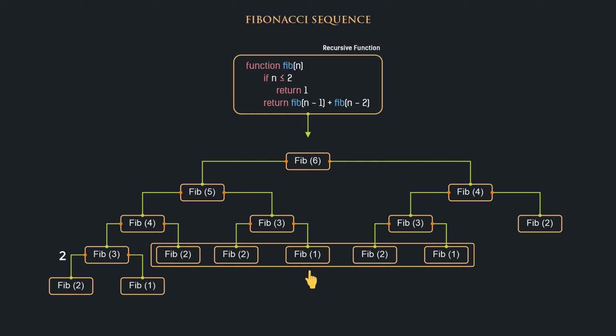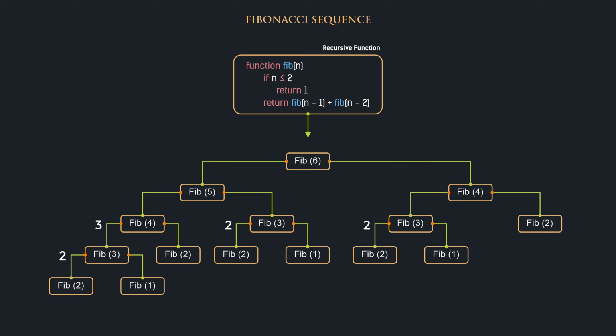All the other stacks here will return 1 as the result value since their fib targets were less than or equal to 2. With this, it means that on fib4, the result is 3 since we added 2 and 1 from the recursive calls here. For fib3 here, the result will be 2, and the same applies for fib3 here as both of their recursive calls returned 1.